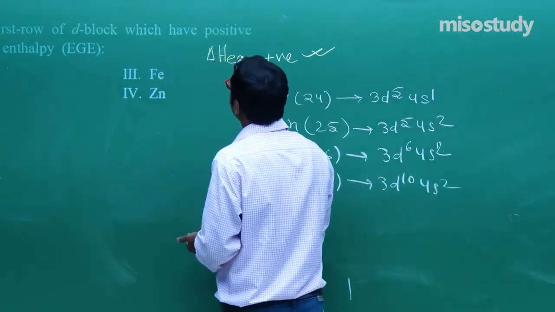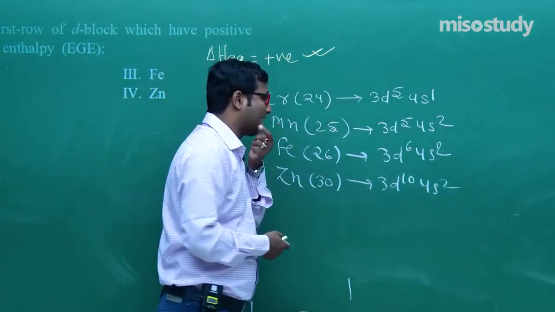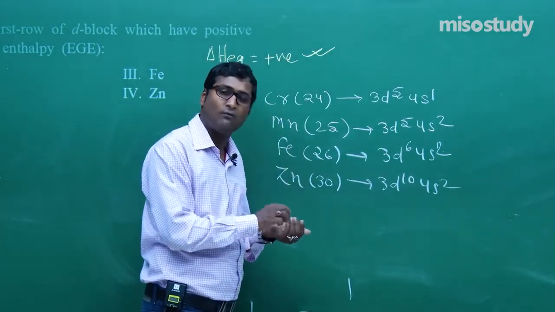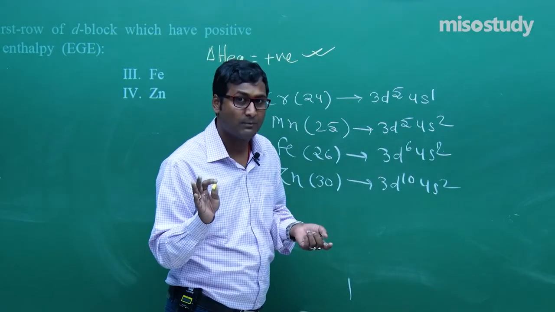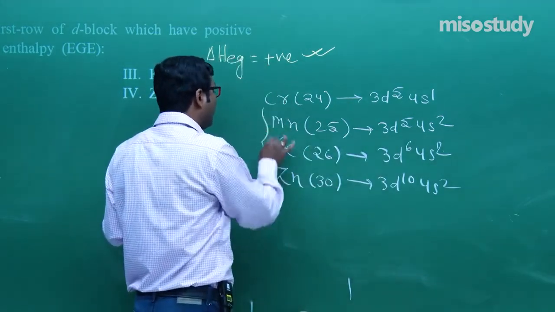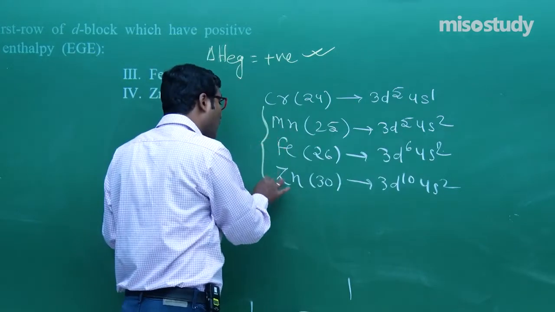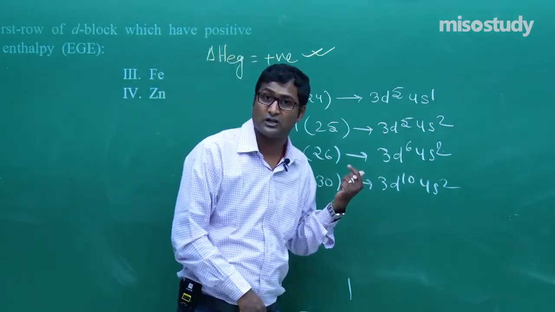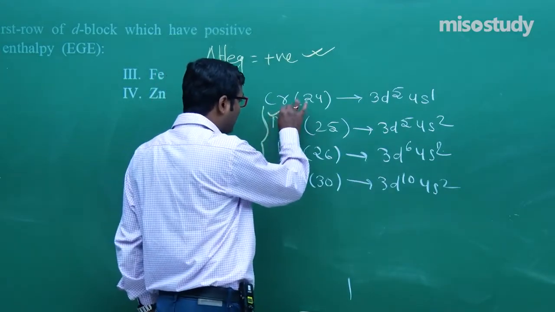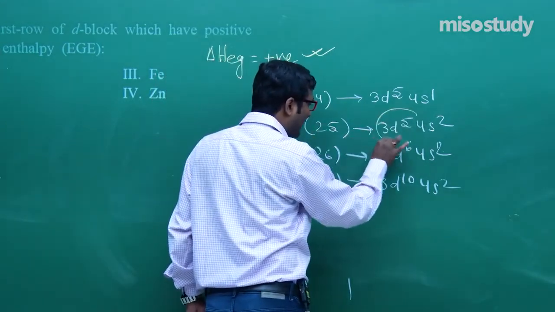Now, in which case is there a positive electron gain enthalpy? As we know, if there is a half-filled or full-filled subshell, then they are more stable. And if they are more stable, then definitely there is an involvement of energy, not liberation of energy. Look at, if I talk about Mn, 3d5 half-filled.